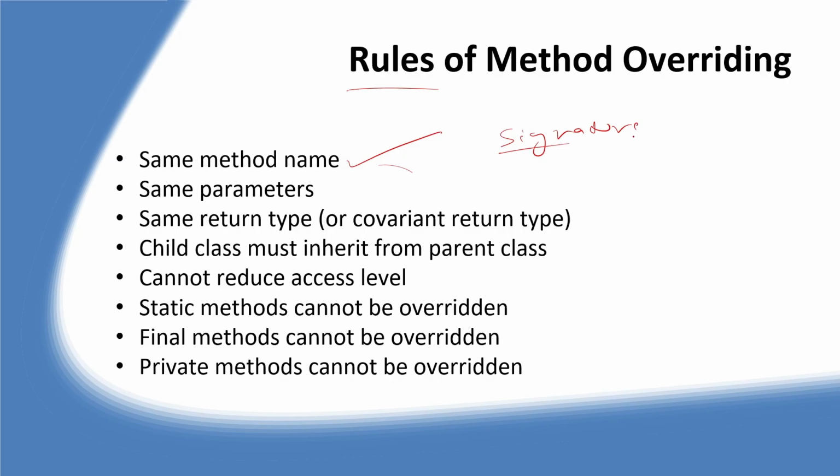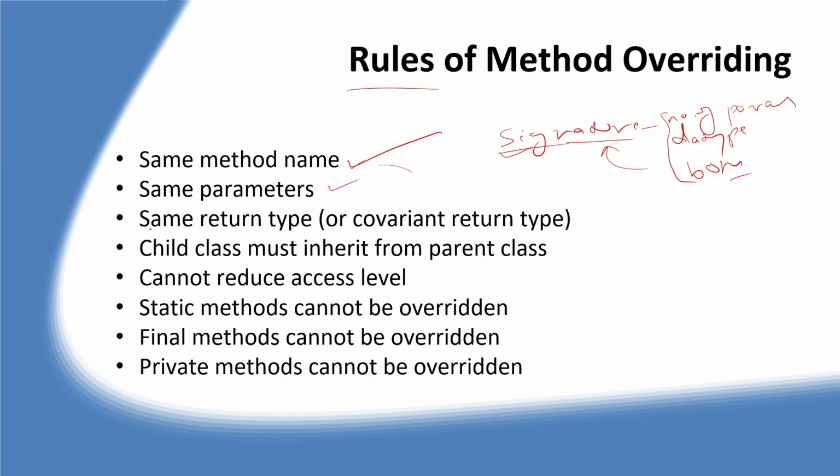Because if I say signature, it covers the number of parameters, the data type, or both. Both means the number of parameters as well as the data type. So instead of saying all this, we can directly say signature. That's why we are using signature. So the method name should be the same and the signature should be the same, that means the same parameters and same data types. If it has both, then both should be the same.